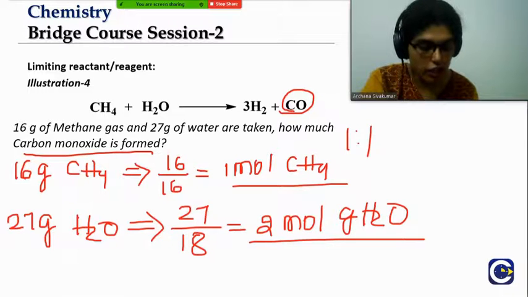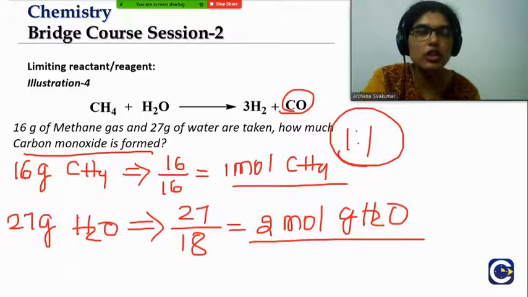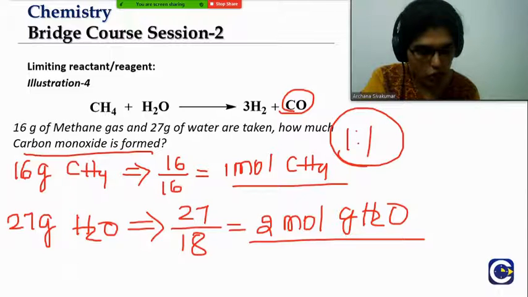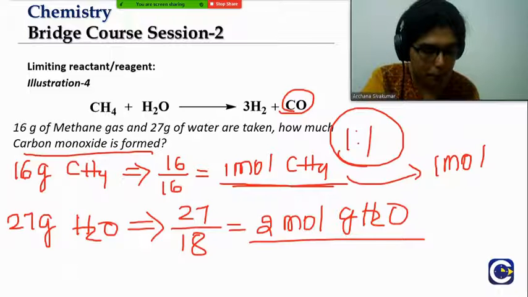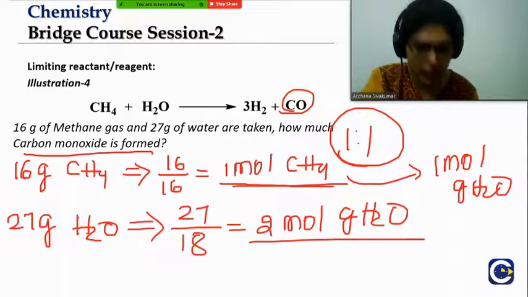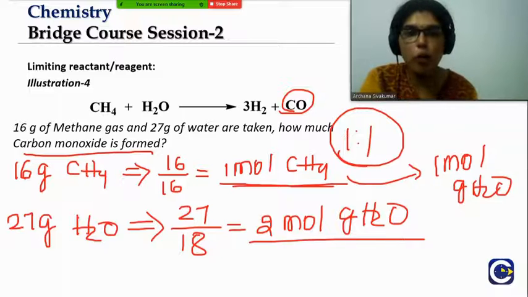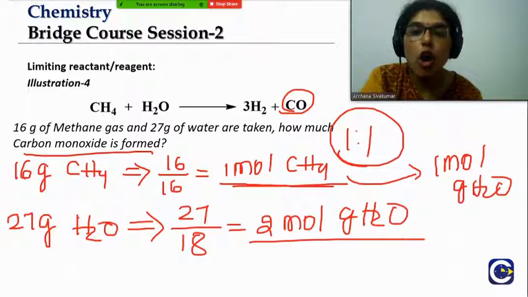We have to look at the ratio given. The ratio taken is 1:1 only. So for 1 mole of methane, I need only 1 mole of water. I don't need 2 moles. That means whatever is the remaining mole will be left out. So in this equation, 1 mole of methane will use up 1 mole of water to give 1 mole of carbon monoxide, and the remaining 1 mole of water will be left out.